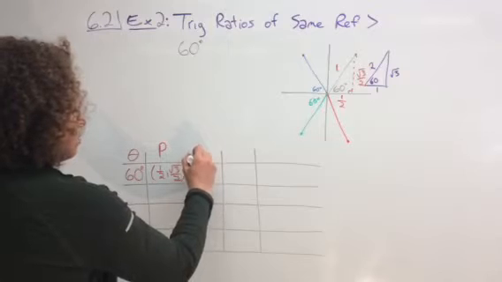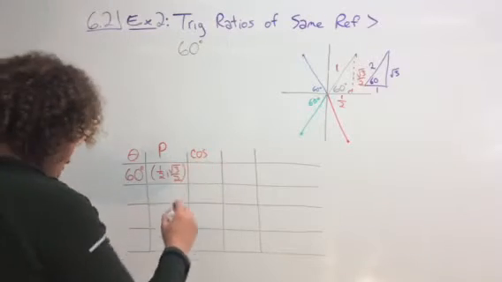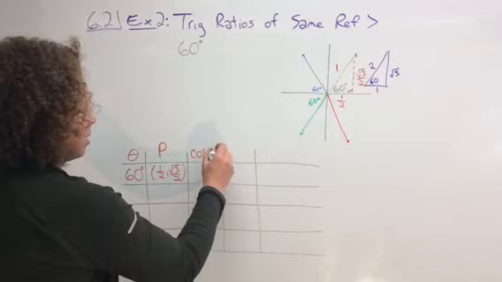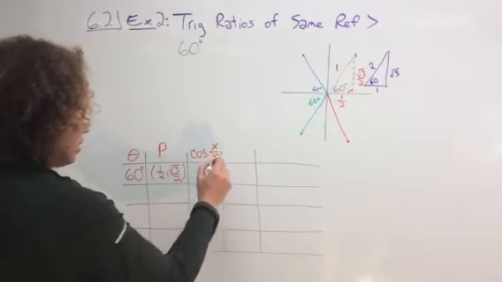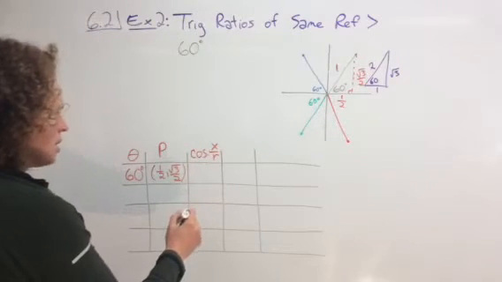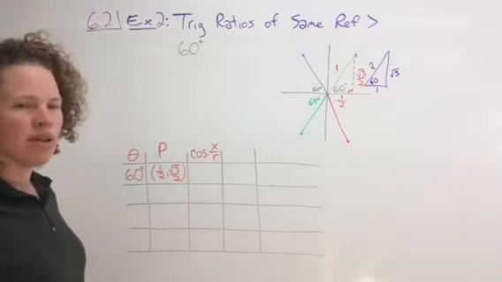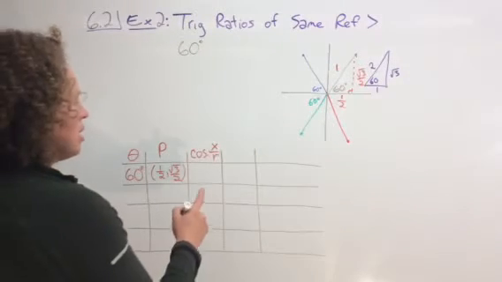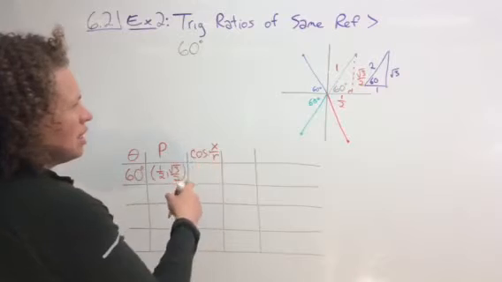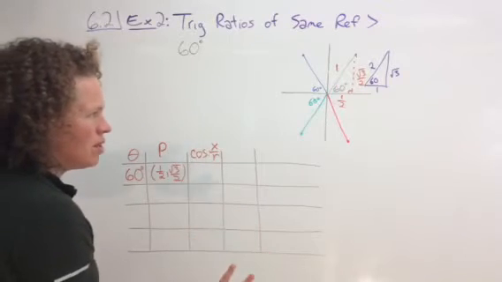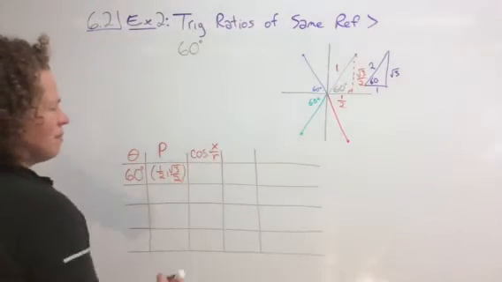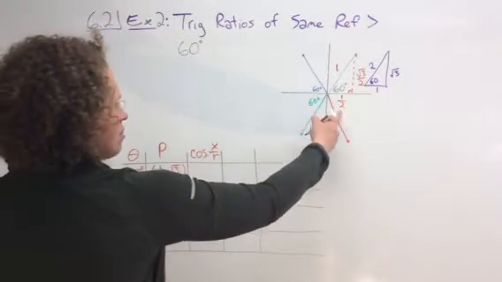So then I can use cos, which is X over R. Here's where the 1 comes in handy, because now anytime we're over R, it's just going to be over 1, so it simplifies to whatever X is. So cos is 1/2.